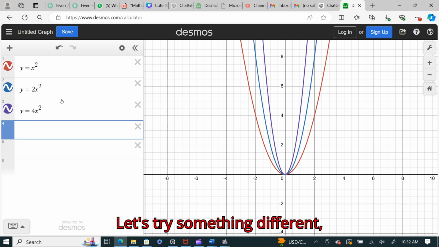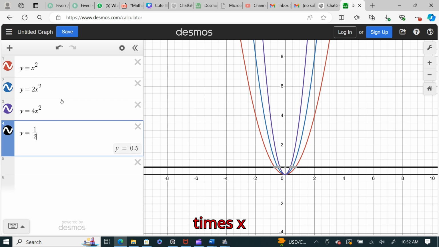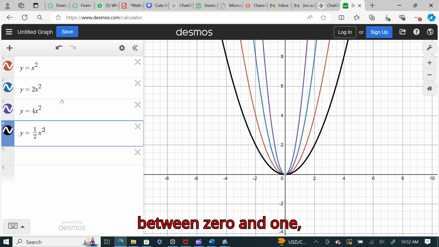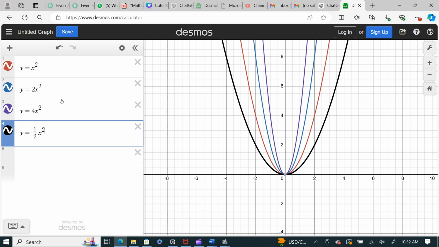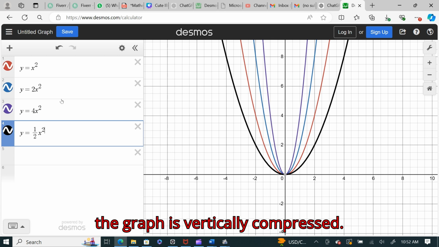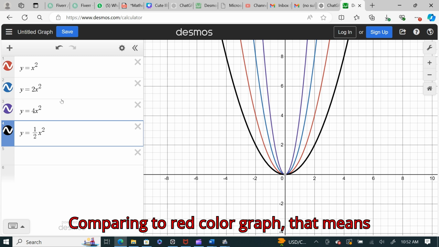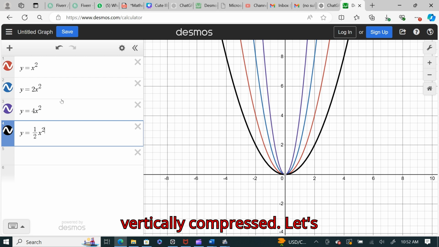Let's try something different. y is equal to half times x square. What happens? In that case, when the coefficient is between 0 and 1, the graph is vertically compressed, right? Compared to the red color graph, that means the parent graph, the black color graph is vertically compressed.